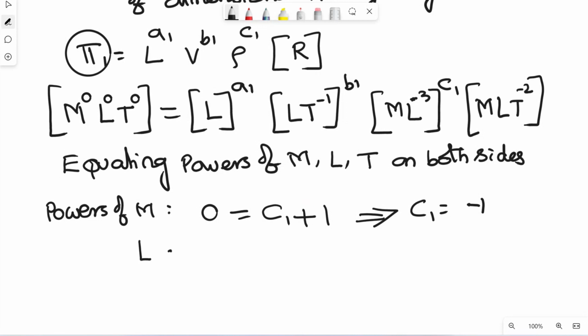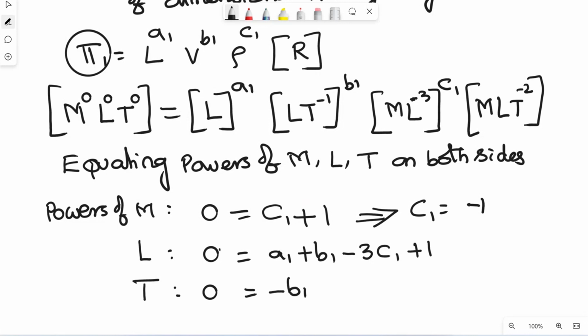Similarly, powers of L: 0 on the left hand side is equal to A1, then plus B1, minus 3C1, plus 1. This is the second equation. Powers of T: left hand side 0 is equal to minus B1, minus 2.